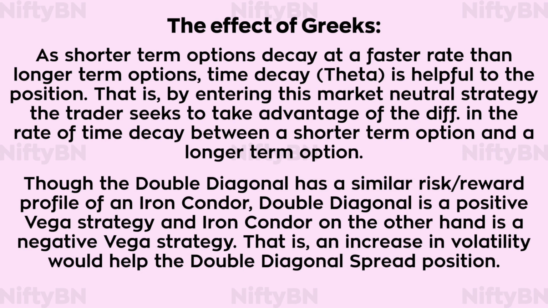Though the double diagonal has a similar risk reward profile of an iron condor, double diagonal is a positive Vega strategy, and iron condor, on the other hand, is a negative Vega strategy. That is, an increase in volatility would help the double diagonal position. The Vega risk though is much lower than a corresponding double calendar spread.